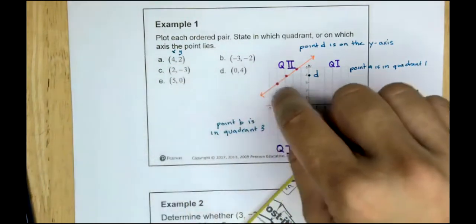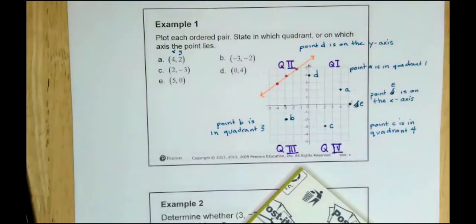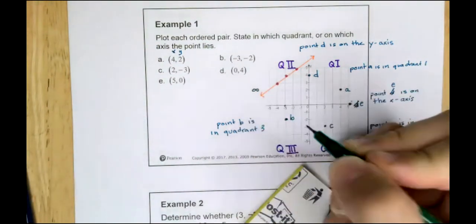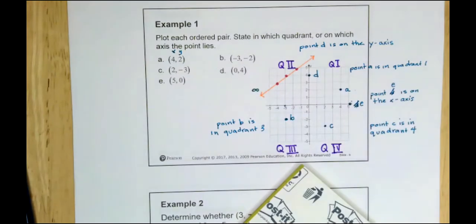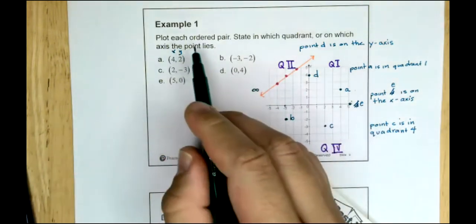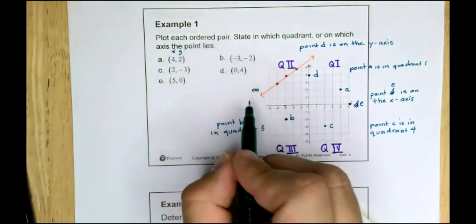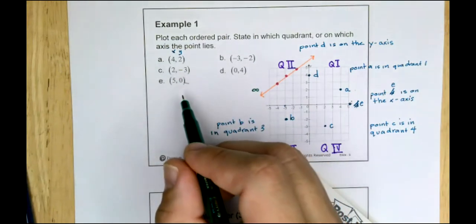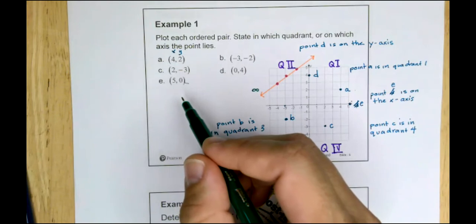There are infinite, remember the infinity symbol? There are infinitely many points on a line, and each point has a coordinate, or each point has an ordered pair. Each point has a location, yeah?